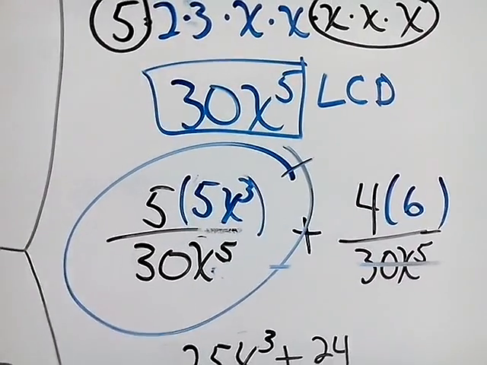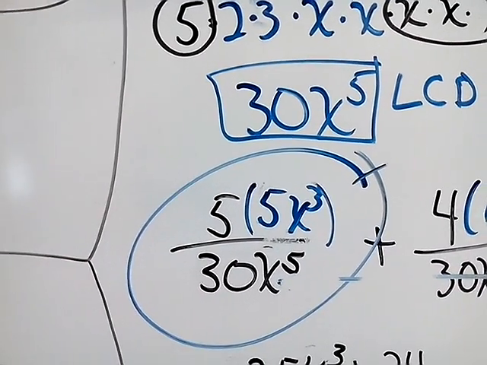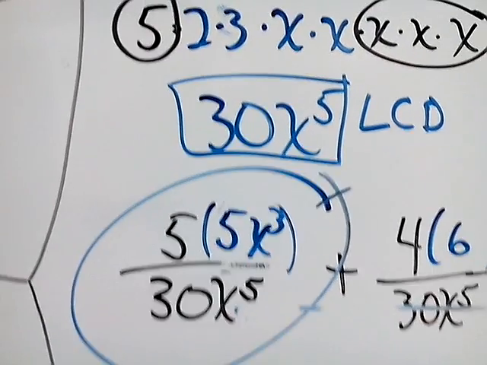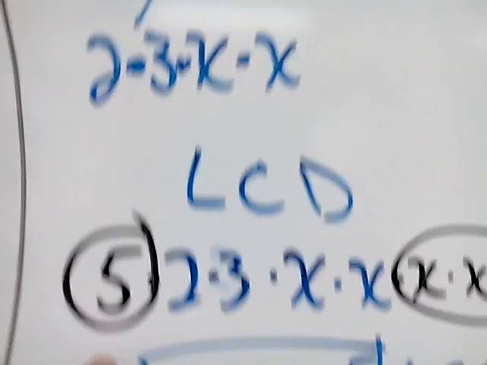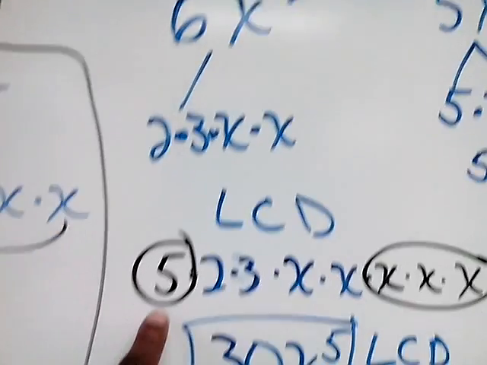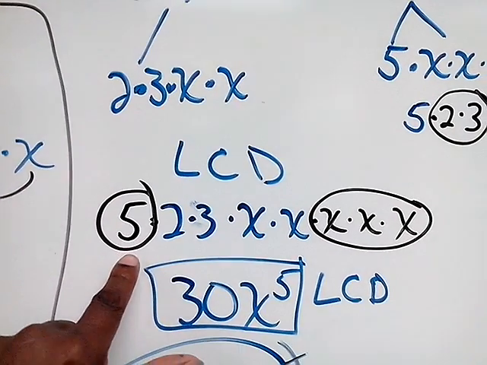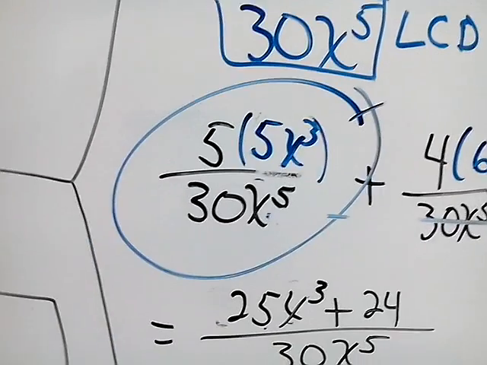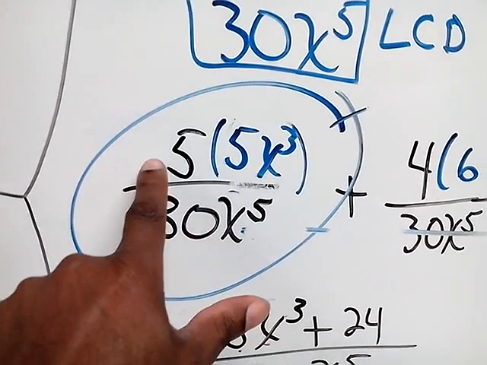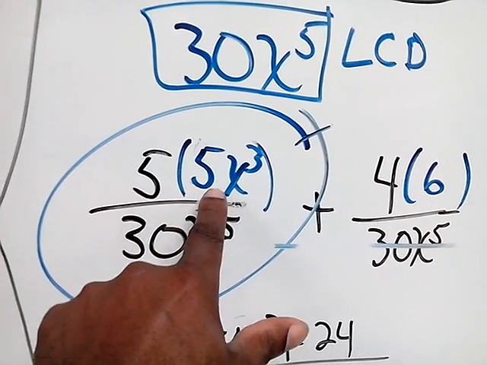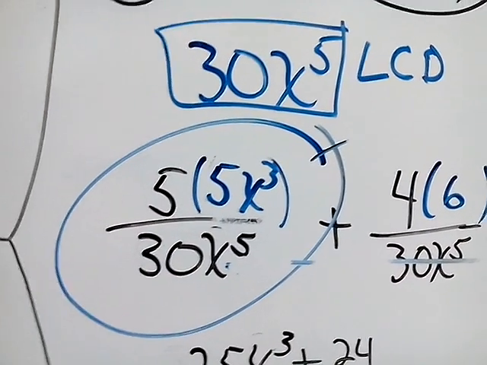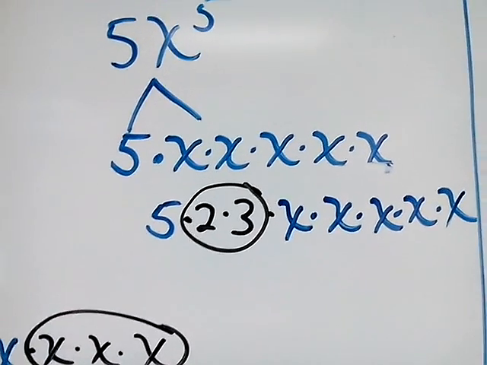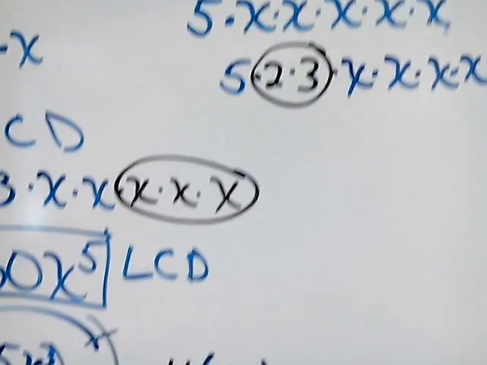When we determine what's missing in one denominator, we multiply the top part of the fraction by that. So in our first fraction, the 6x squared, we multiply the numerator by the 5 and x to the 3rd. The second one gets multiplied by the 2 times 3, which becomes 6, of course.